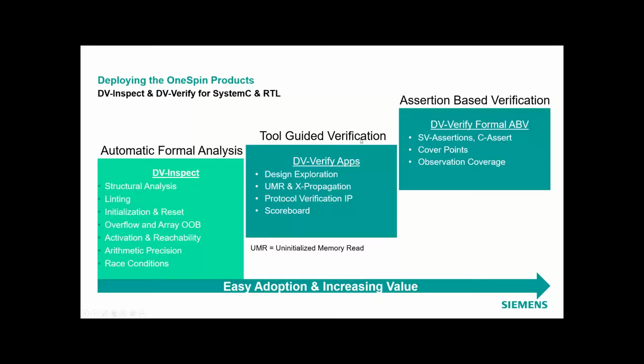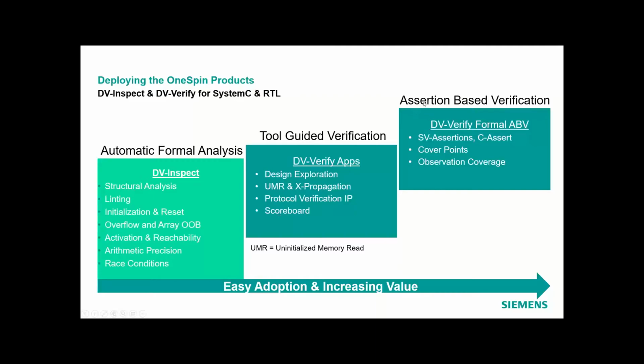Then as an add-on, we have an additional app that we call DVClub that has internally several applications like design exploration and XProbe, protocol verification IP for the AMBA protocols like AXI4, AXI3, APB, and so on. And we also have a scoreboard for following the data protocols.